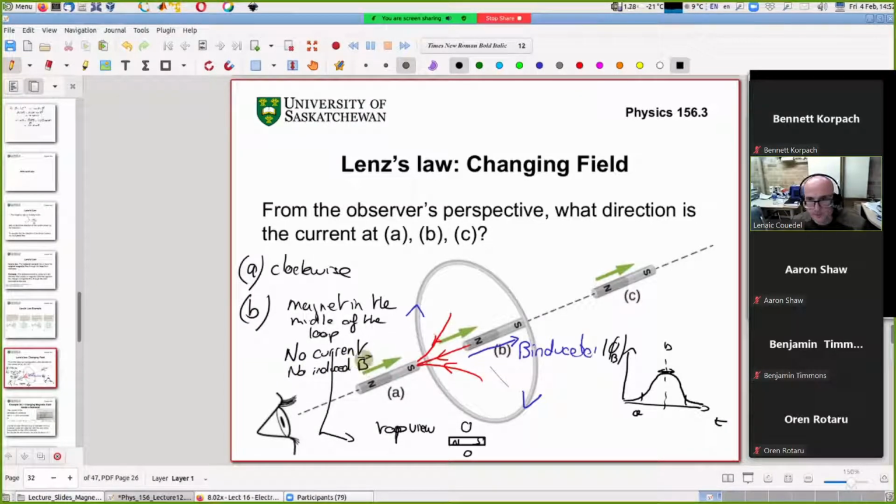Okay, and now case C, what would be the direction of the current? So the magnetic field lines now are like that. Sorry, north pole.